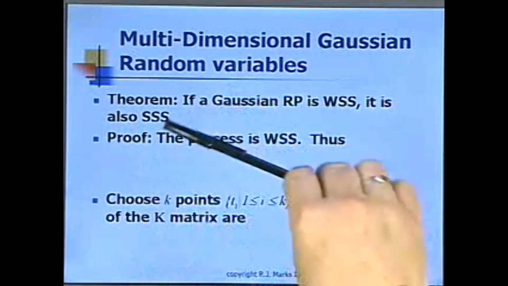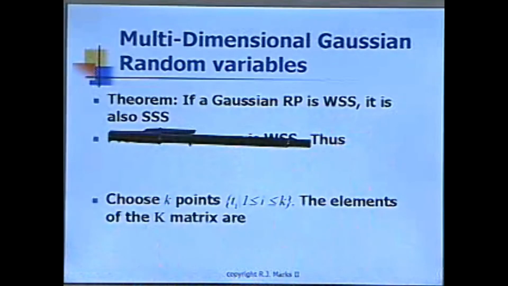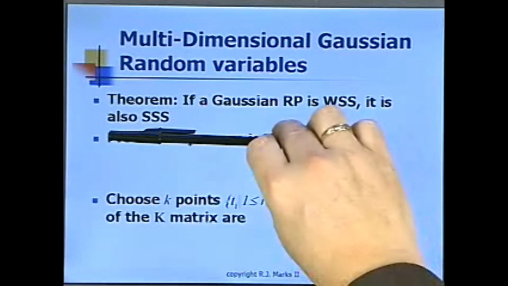Remember, in our derivation last period, we said that this stationarity arrow pointed one direction. It was stationary in the strict sense, it was stationary in the wide sense. For the Gaussian process, it goes the other way too. And it's the only popular process for which it's true. If it's stationary in the sloppy or the wide sense, it's also stationary in the narrow or the strict sense. So that's pretty neat.